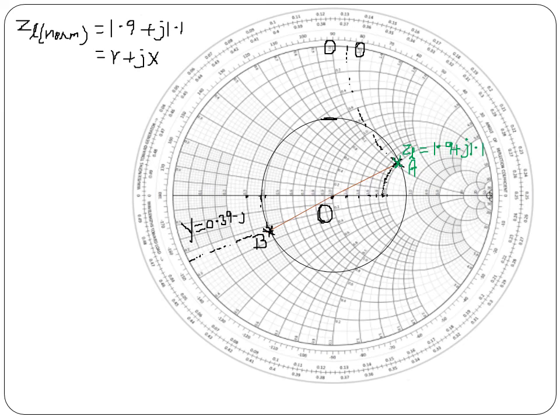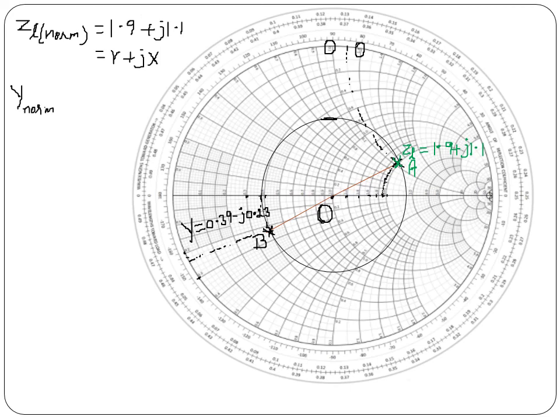Minus j0.2, 0.3 and it's 0.22 and it's 0.24, and in between 0.22 and 0.24 X circle is 0.23.